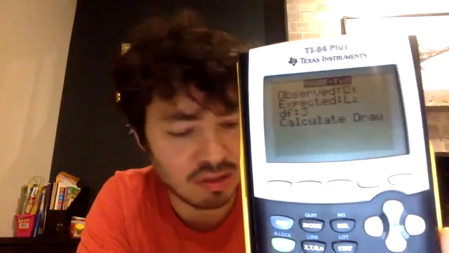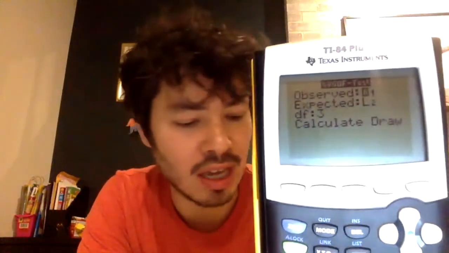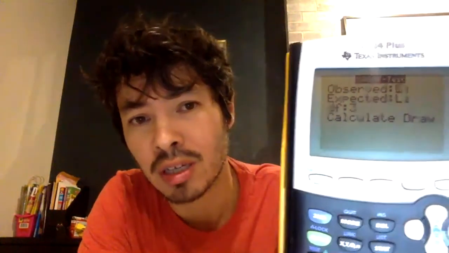You could, but you could also just go stat, test, chi-square GOF test, enter, observed in list 1, expected in list 2, degrees of freedom. It happens to be 3 again: 4 categories minus 1. So it's 3 again for this problem.